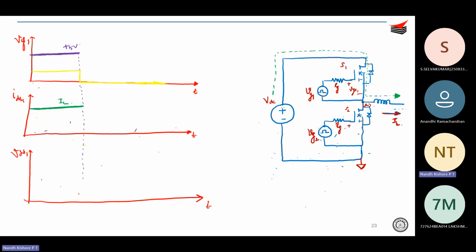Not exactly zero. It will be some I into R drop, but we will practically assume it is very low.